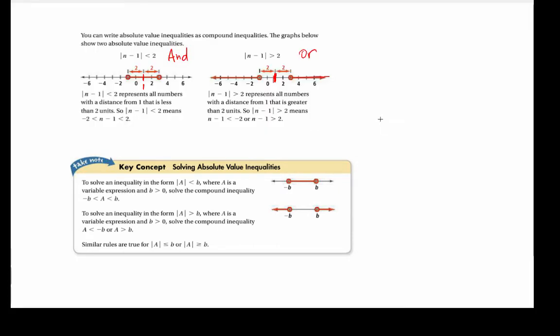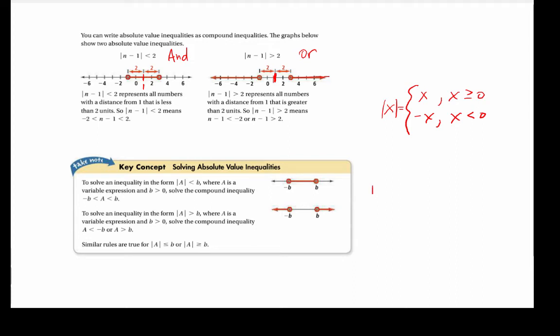Okay, now if you go back to what I had written here earlier when I talked about the piecewise definition of absolute value, what we got to be careful on when we're solving these absolute value inequalities.